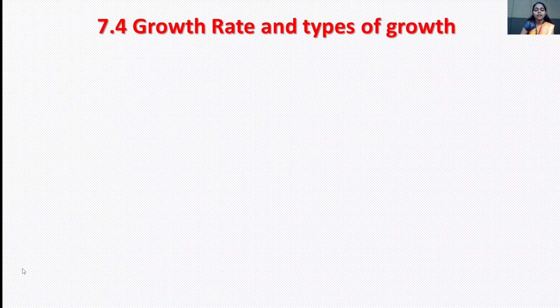The first is the direct method. It can easily be measured with the help of an ordinary measuring scale. It is a simple method because it is measured with the help of an ordinary measuring scale.